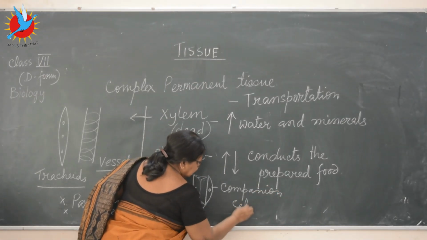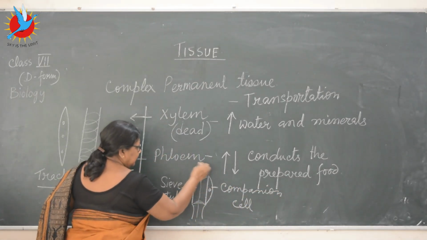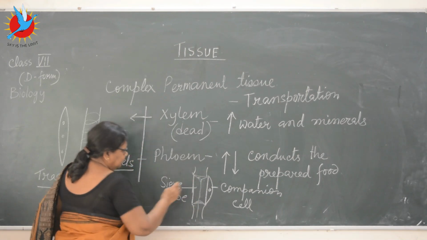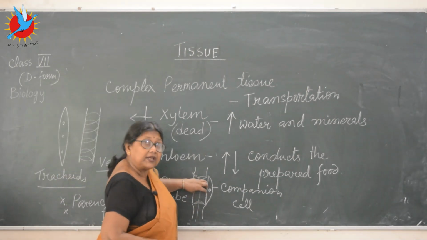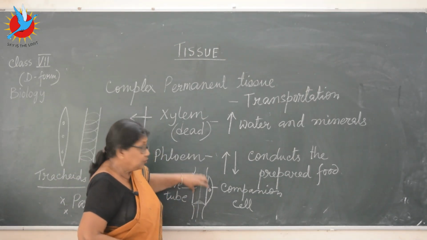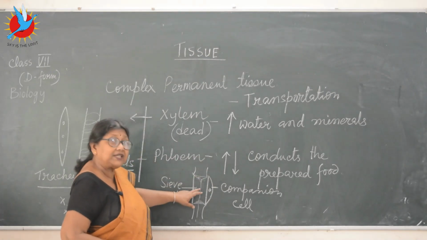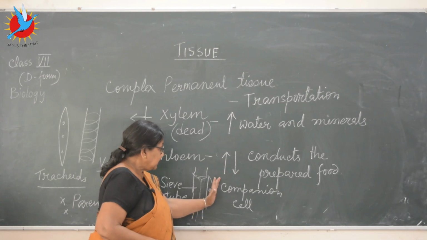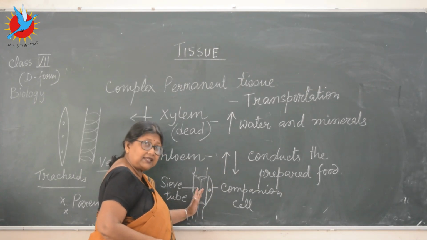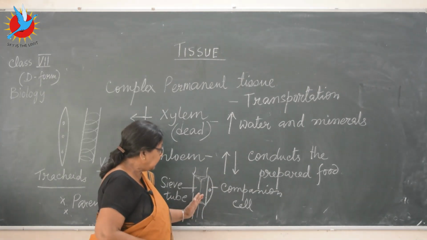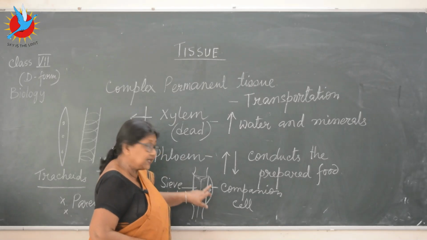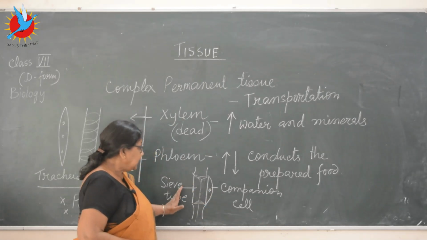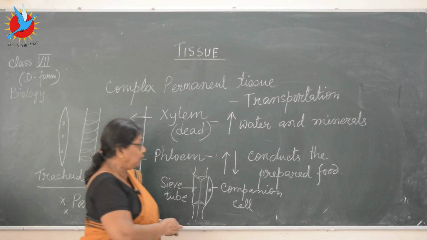So in phloem, this is one sieve tube. Now sieve tube is the cell through which transportation takes place, but it doesn't have the nucleus. But along with it, its friend associated with it, they stay together, form together. This is called the companion cell, which has got the nucleus. These are the 2 main cells of the phloem.